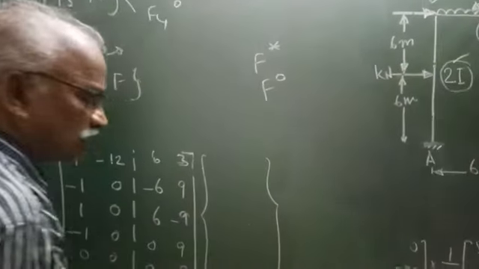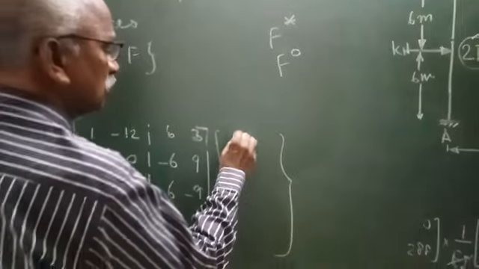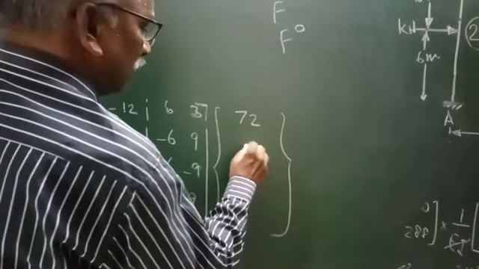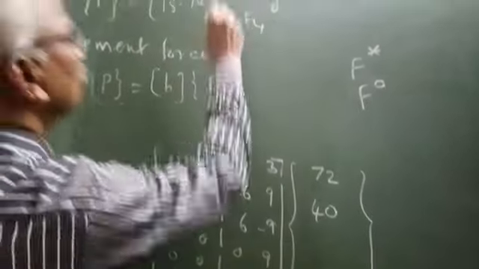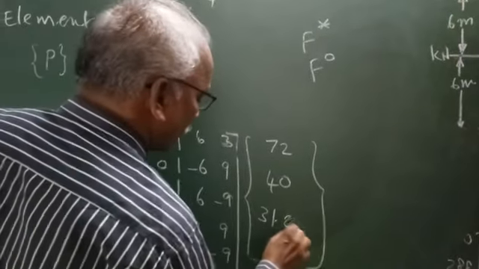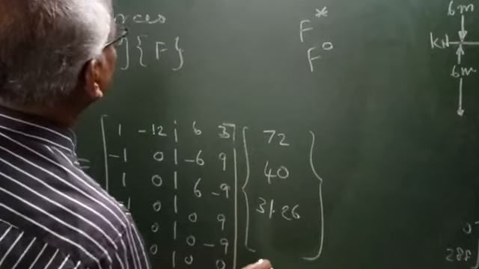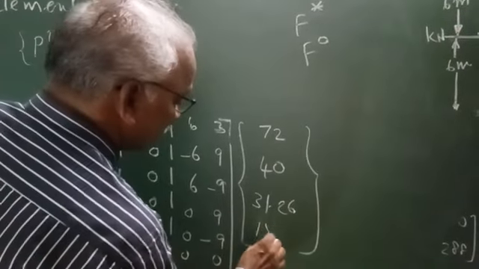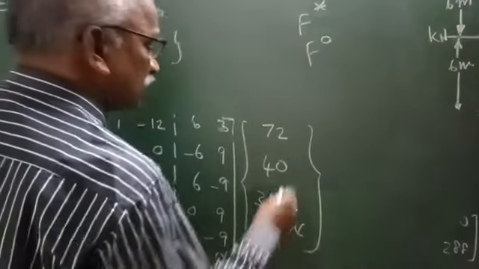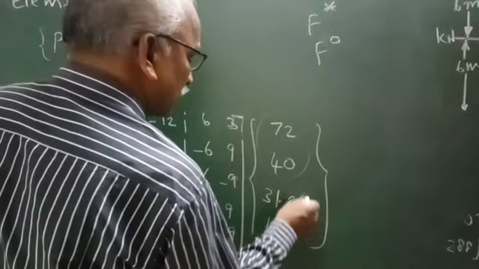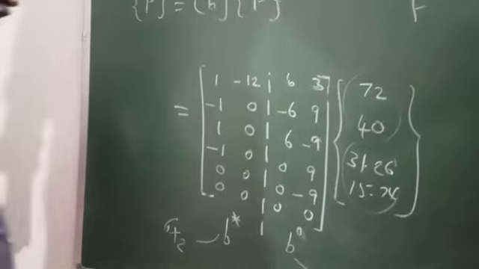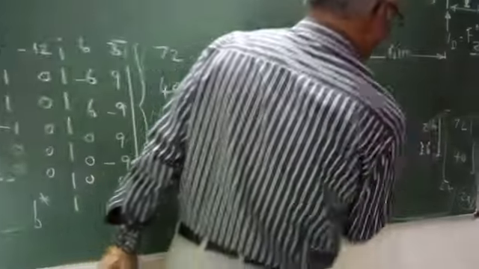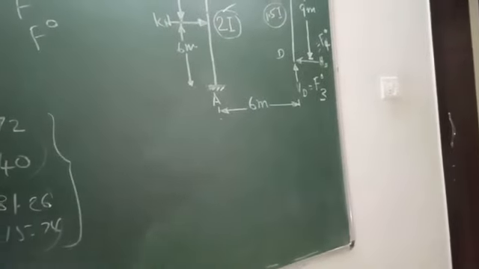F star is 72 and 40, and F naught equals 31.26 and 15.74. These are the system forces, and these are the redundant forces which I have got just now. So B into F will give you the forces along the element coordinates.